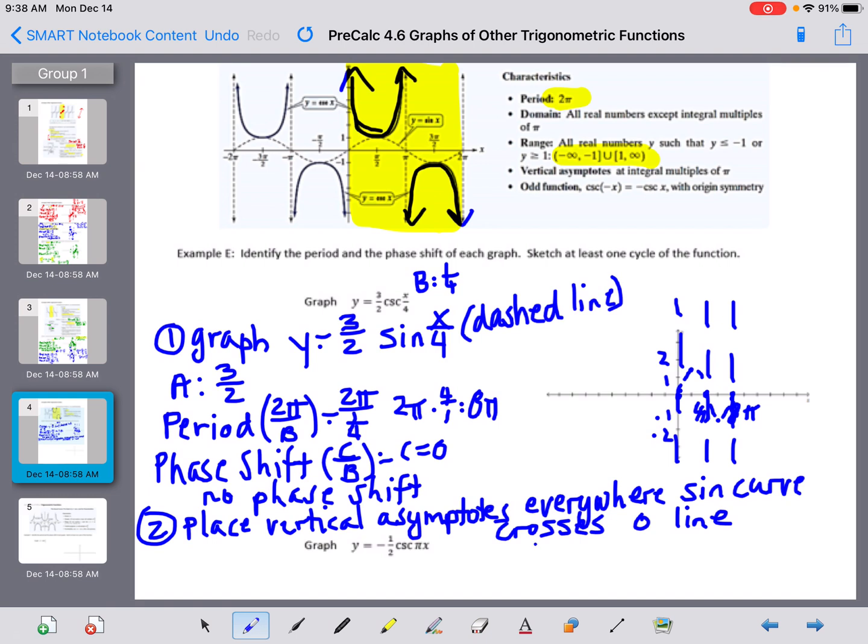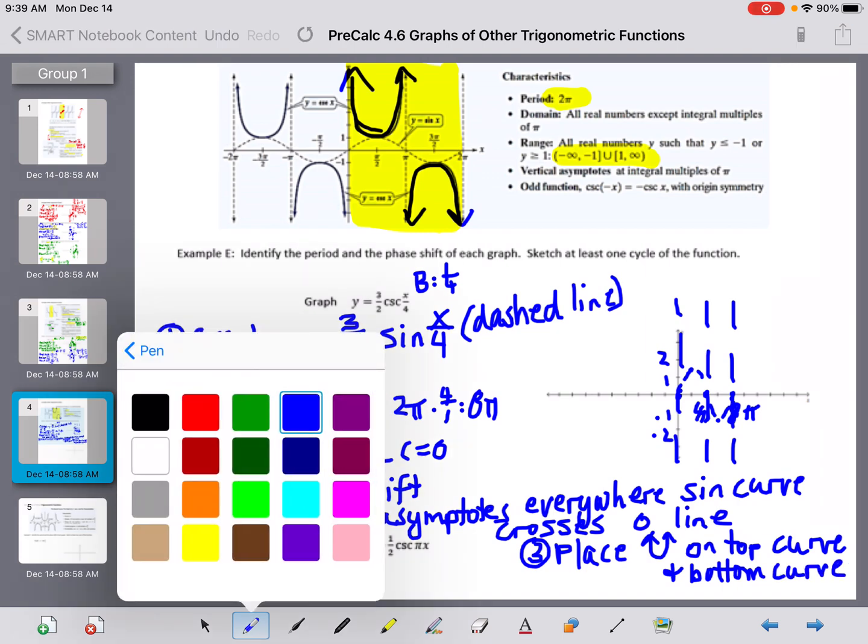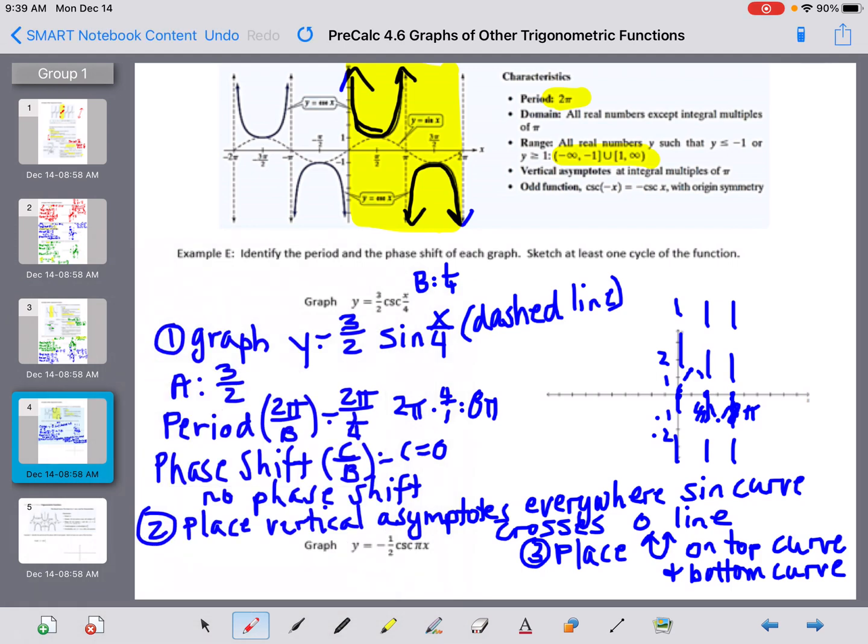Now all I need to do is finish it out, and I place a U shape, whether upside down or right side up, on the top curve and the bottom curve. I'm going to do it in a different color so you can actually see it. Everything on my graph so far is needed, but it's not part of the actual graph. I start here at the top curve.